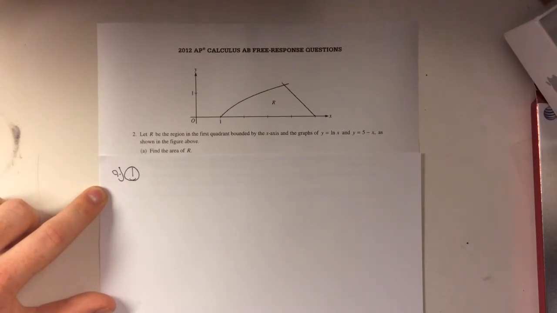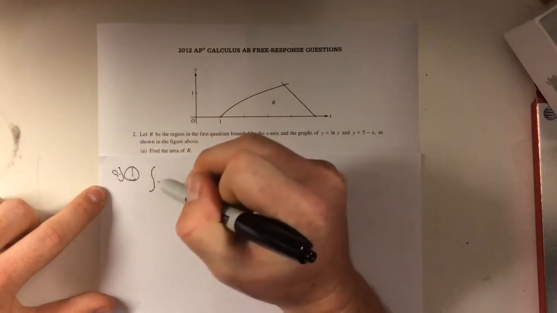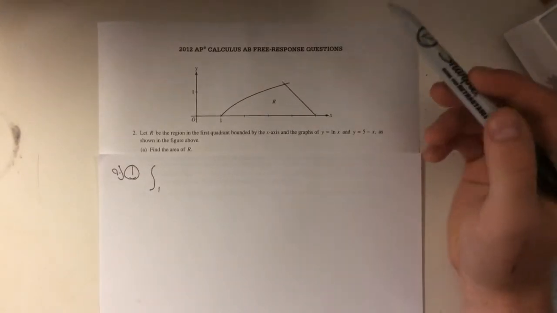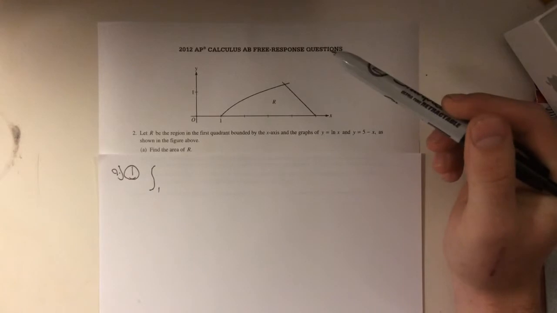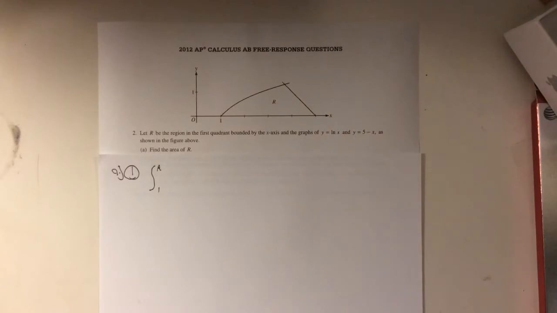In order to do that, we're going to set up our integral from 1 to the intersection of our two lines that this area is being bounded by. Let's just call it A for all intents and purposes. And how we're going to find A is by finding the intersection.